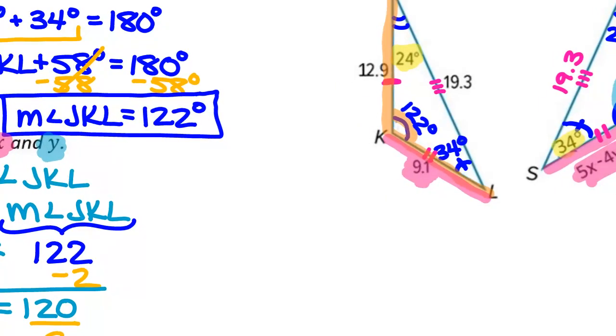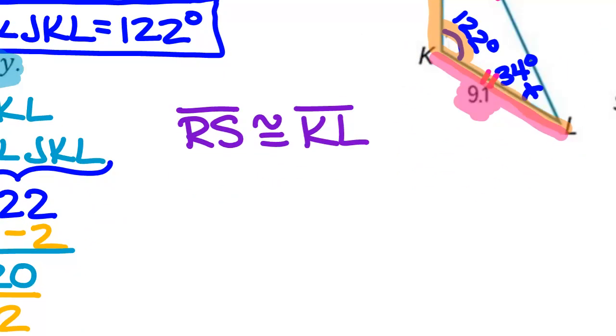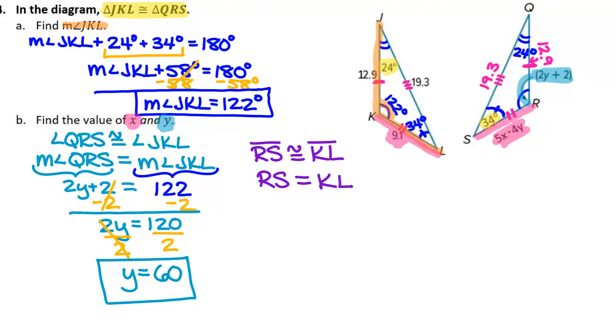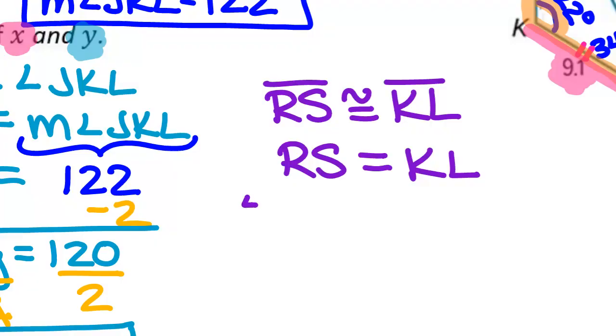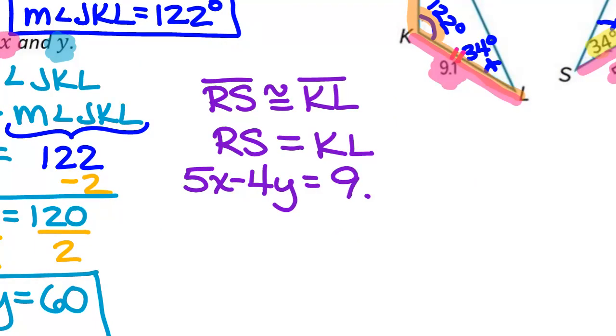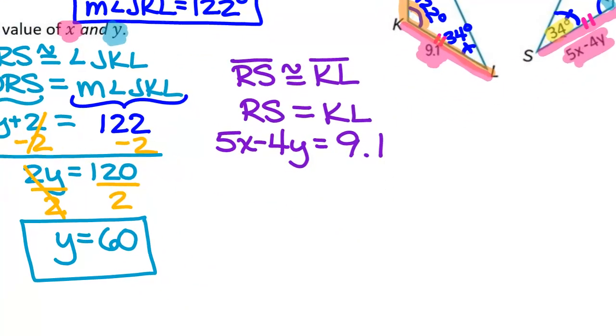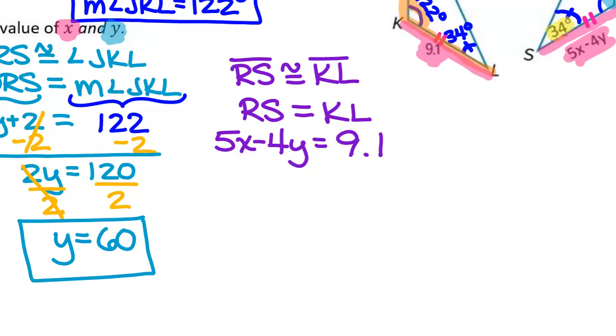So I have that segment RS is congruent to segment KL. So the measurement of segment RS is equal to the measurement of segment KL. RS is 5x minus 4y. KL is 9.1.